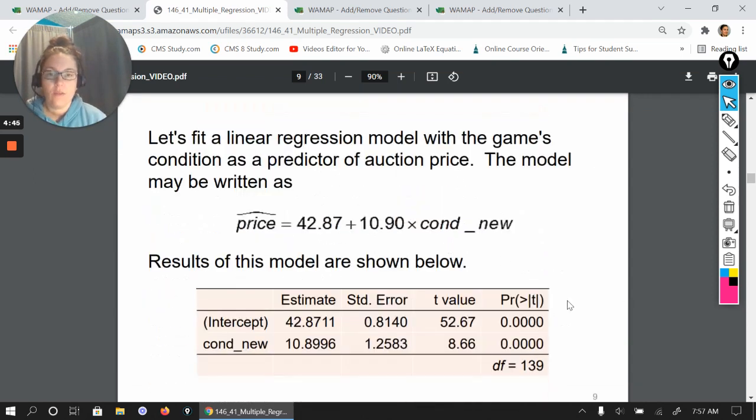Let's fit a linear regression model with the game's condition as a predictor of auction price. The model may be written as predicted price equals 42.87 plus 10.90 times the condition new variable. The 42.87 would be considered the average price of a used game.